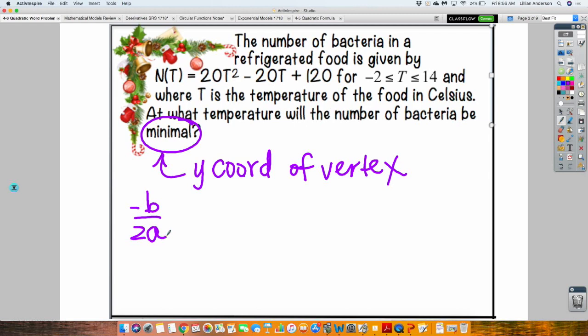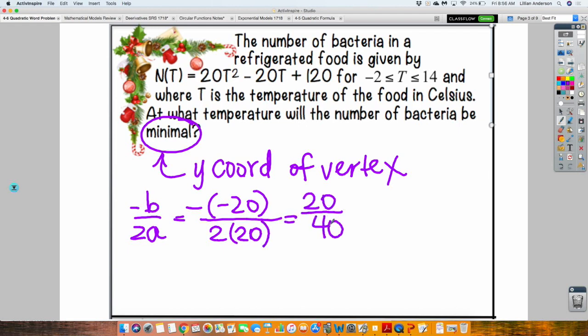So, what's b? So you got to take 1/2 and plug it in for t into your equation to get your answer.